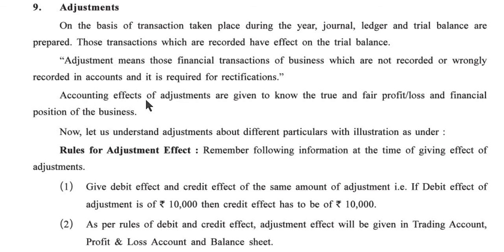Accordingly, the effects of adjustments are given to know the true and fair profit and loss and financial position of the business. Now let us understand adjustment about different particulars with illustration as under. Rules for adjustment effect. Remember the following information at the time of giving effect of the adjustment.